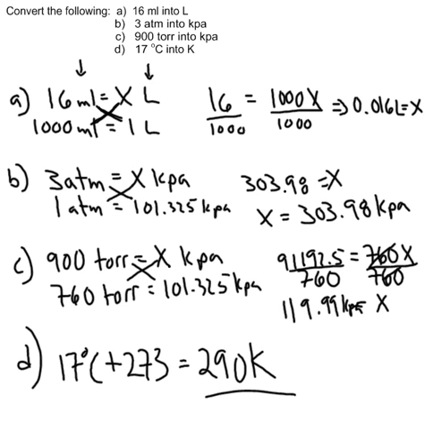You cannot use Celsius in these formulas. None of them are set up to use Celsius, and so add 273 first off if you get a temperature in Celsius. To go the other way, sometimes the question might ask for the answer in Celsius. So what you need to do is convert to kelvins first, do all the math. When you get a final answer in kelvins, then just subtract off 273 to get your answer back in Celsius.